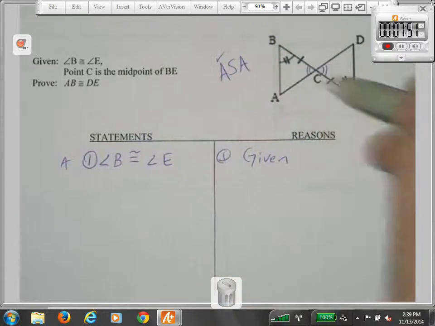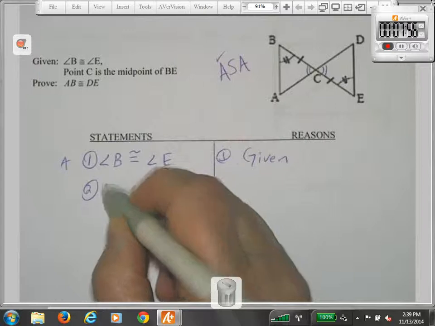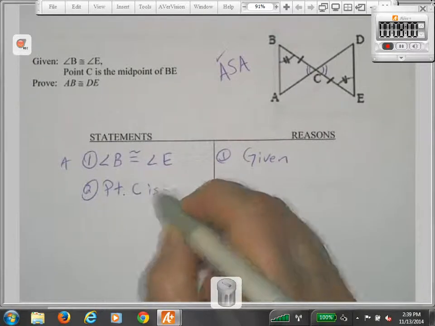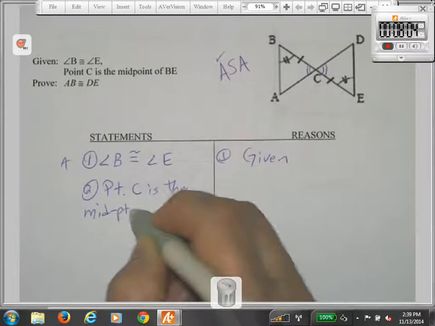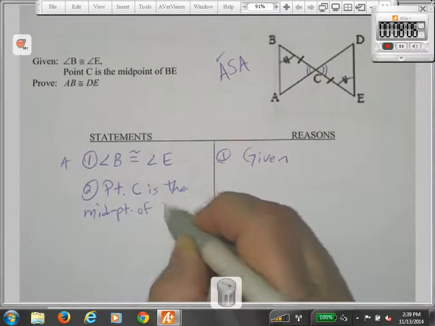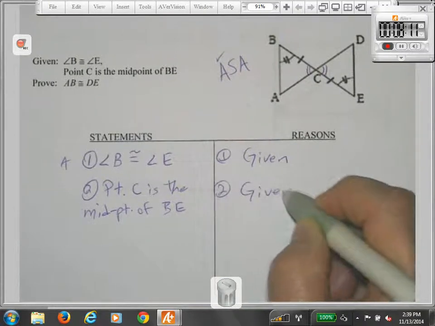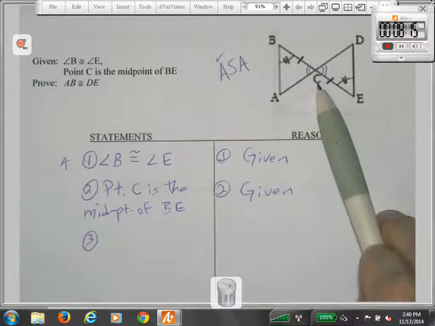So step 2 is going to be another given point, and I'm abbreviating here, C is the midpoint of BE, and this is also given. But what does that cause to happen? If you know that C is the midpoint of BE, what does that cause to happen? Makes the two sides equal. Right, it makes these two pieces equal that are marked up here.